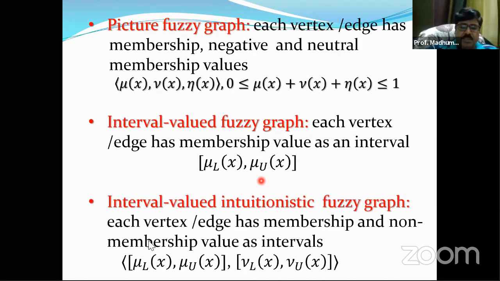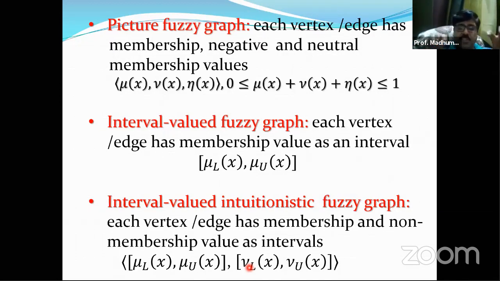Similarly, if we consider this is the membership value, interval valued membership. Membership value within an interval. Interval means the lower limit and upper limit are there. And this is the interval. This is the non-membership value. So if we consider the membership value as interval values and non-membership value as interval values, that means this is the combination of the interval valued fuzzy set as well as the intuitionistic fuzzy set.